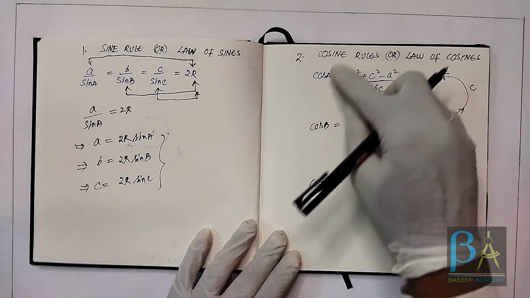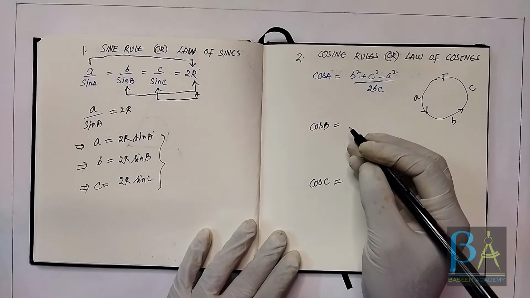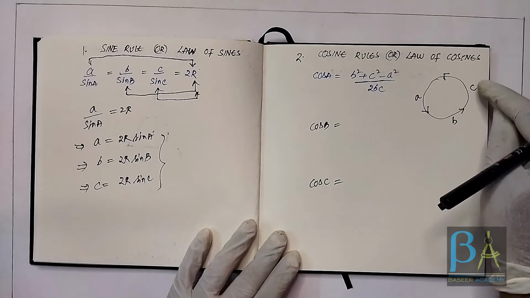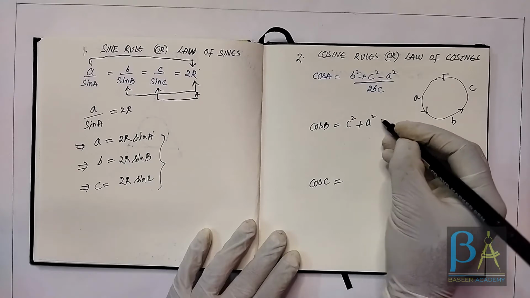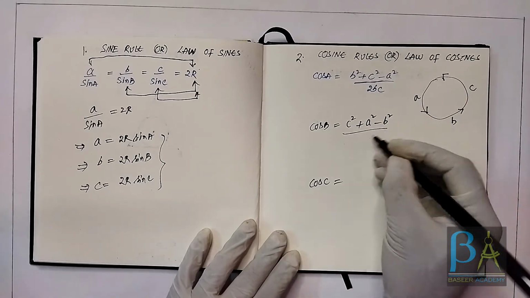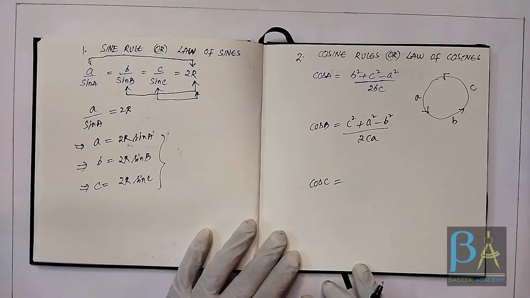If you understand the pattern here, I believe you will be able to help me with cos B. What would be cos B? After B, I see C and A. So I would write c square plus a square, and since I have B here, I subtract b square, and then by 2ca. I hope you understood the pattern here.